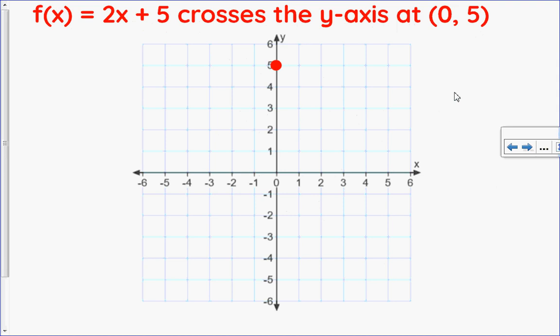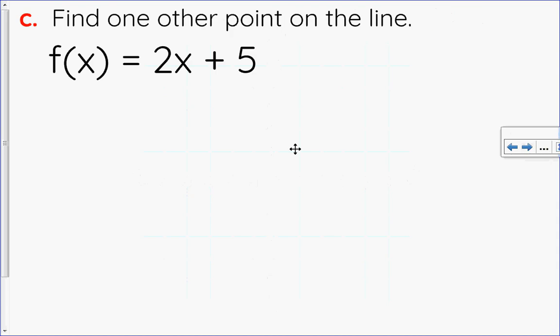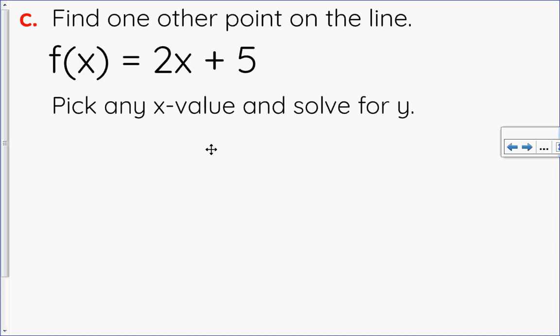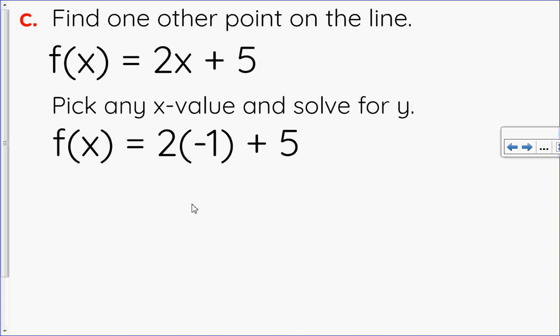So now that we have 2 points, we can connect the dots to find what my linear graph looks like, but I always like to find at least one other point. So I'm going to pick a point between negative 2.5 for x and 0 for x for the y-intercept. So to find one other point on the line, you can pick any x value. I'm going to choose an x value that's between the x and the y-intercept. I'm going to pick -1. So I replace x with -1.